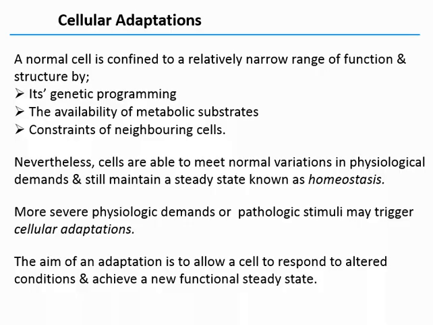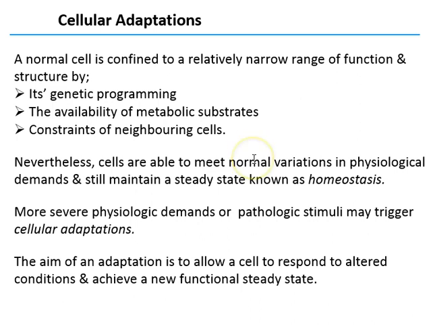Normally, the cells of our body operate within fairly narrow ranges of physiological conditions. The range a cell can operate in is determined by factors such as its genetic programming, the availability of metabolic substrates such as nutrients, and the influence of surrounding cells.